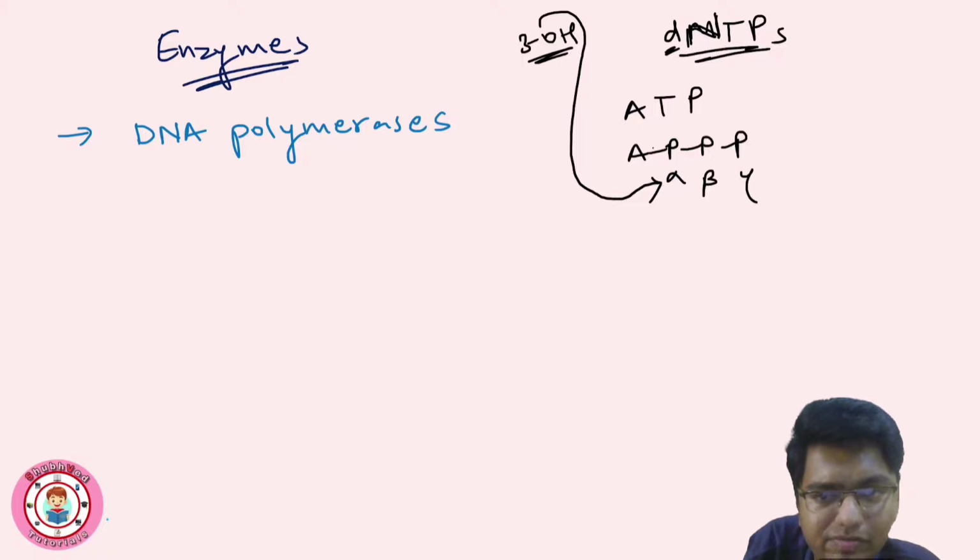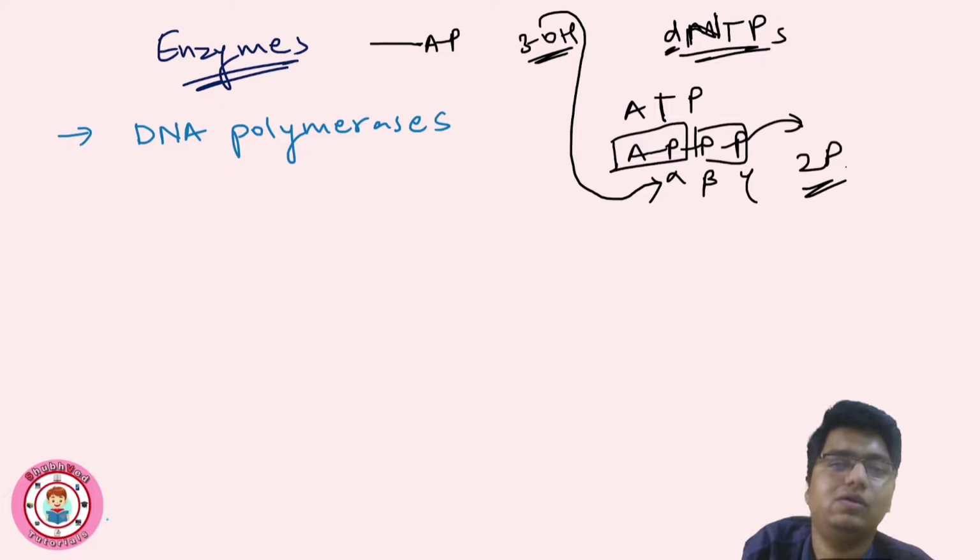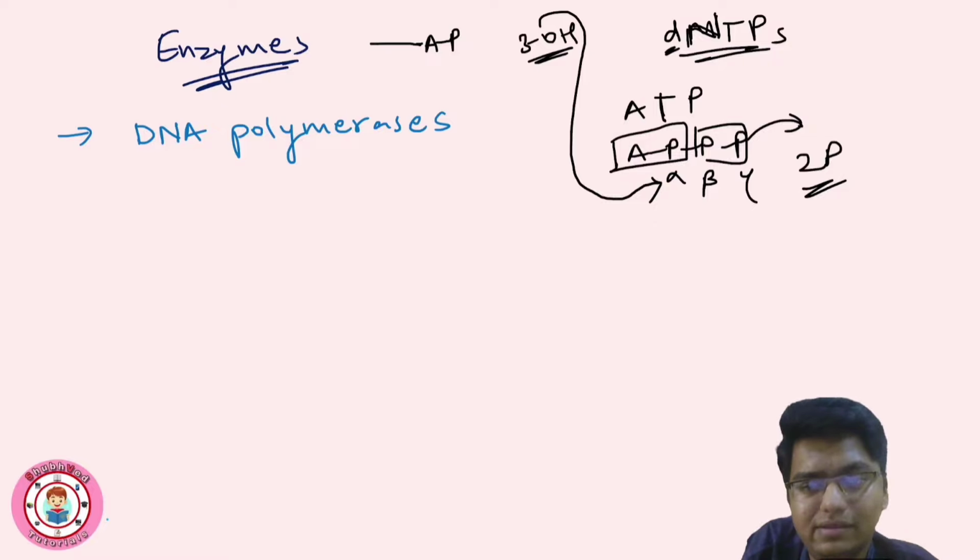Then the structure becomes like this, suppose this is a growing chain. This will attack, and the adenine with its phosphate will go there, and the rest will be released as pyrophosphate. So this is the basic reaction, known as the formation of a phosphodiester bond.